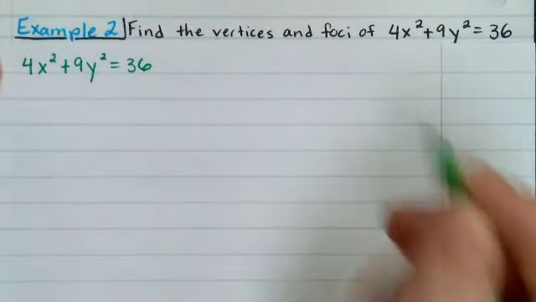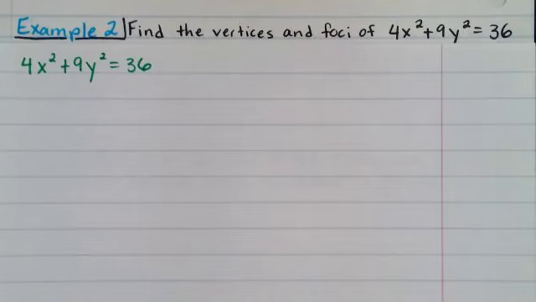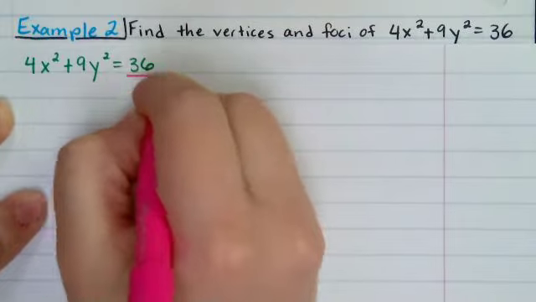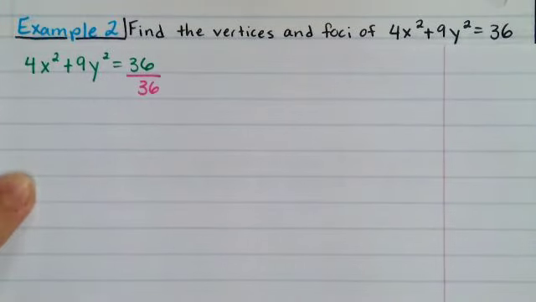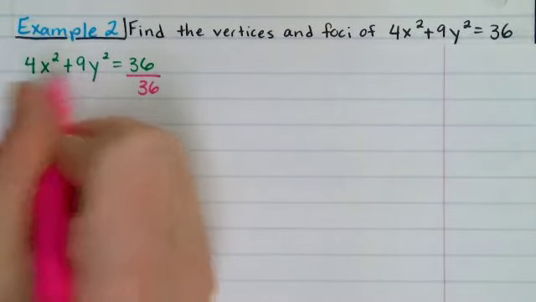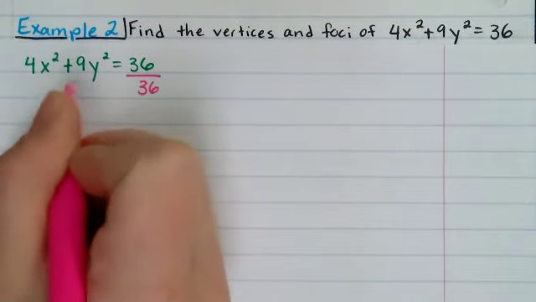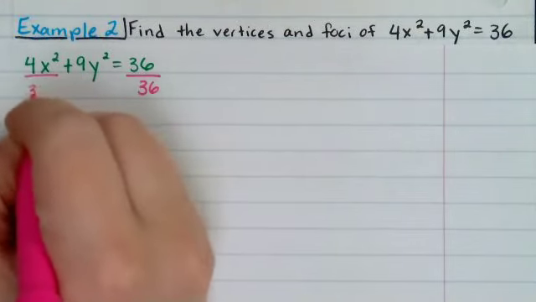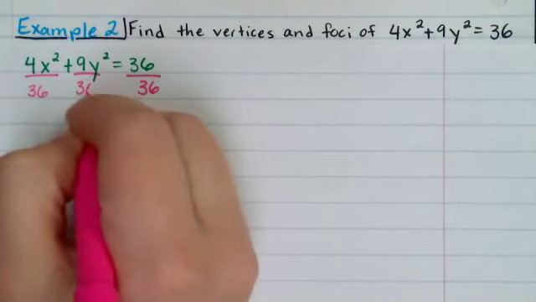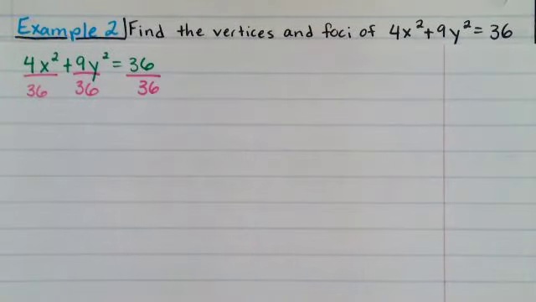So just rewriting the problem. But like I said, what I'm going to start out with is just dividing through by that 36. And if you divide by 36 here, it would divide by 36 on the other side, but it just treats it like each one of these was individually divided. So that's how I'm going to show it, because I think that that's easier to see.